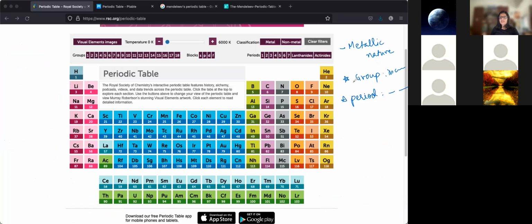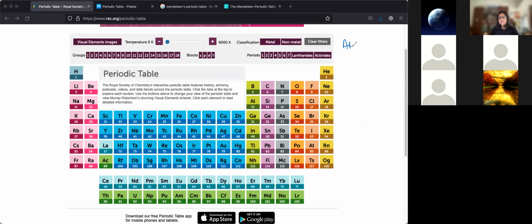Just mention this, and then iske niche put the reason. You know, like group mein it's increasing, or beside this only on the right side you can mention the reason, due to increasing size, that way. Okay, so that's metallic nature.